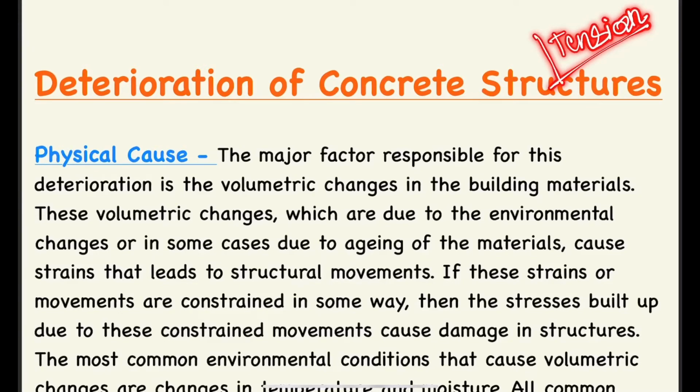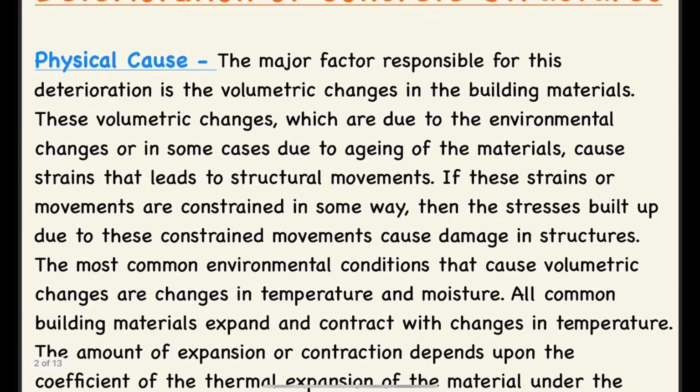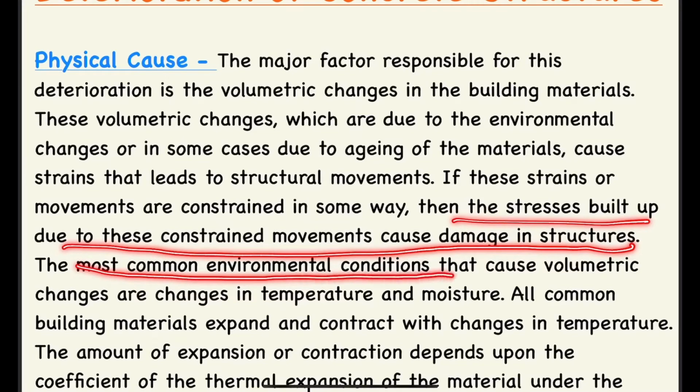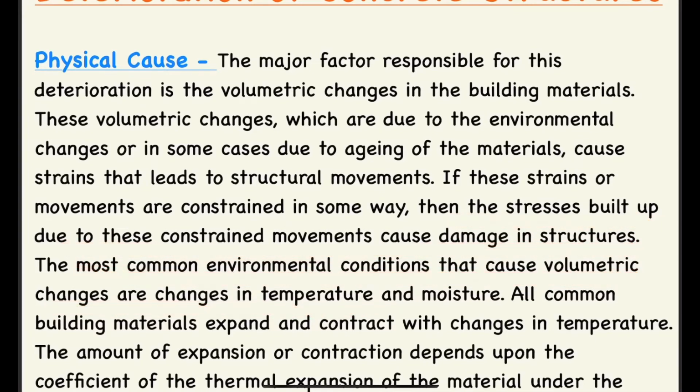So we have to understand this topic in this way. What is the basic reason for this? Okay, so let's move forward. If these strains or movement are constrained in some way, then stresses build up due to this constrained movement and cause damages in the structure. The most common environmental conditions that cause volumetric changes are changes in temperature and moisture.